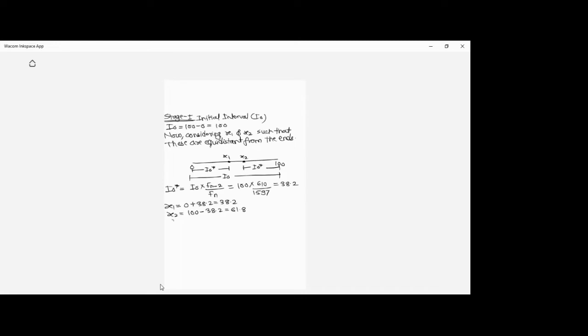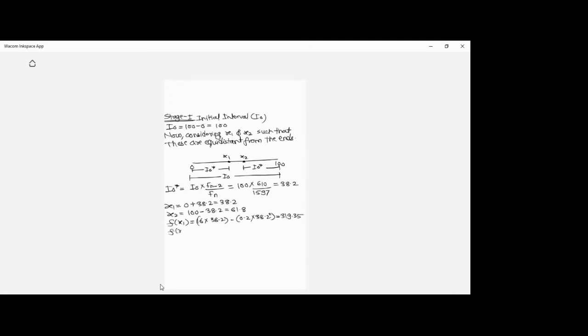Now we can substitute this in our equation, right? F of x1. So what is our equation? It is 16x, so that is 16 into 38.2, minus 0.2 into 38.2 square. If you do this calculation, the answer comes out to be 319.35.